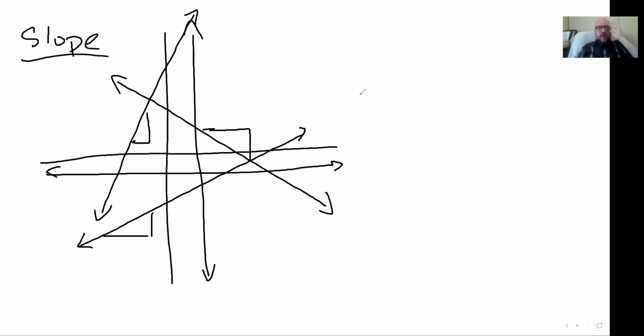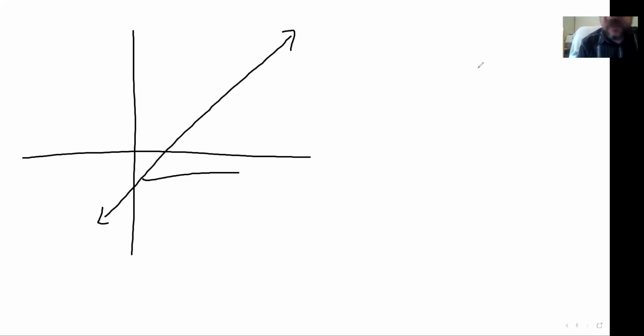And so that's what slope is. We often call this rise over run. I'm going to make a new picture because there are too many lines on that one. So let's say I have this line right here, like that. That's not very straight. Let's try it again. And notice that I'm just picking any two random points on the line because it's the same direction everywhere.